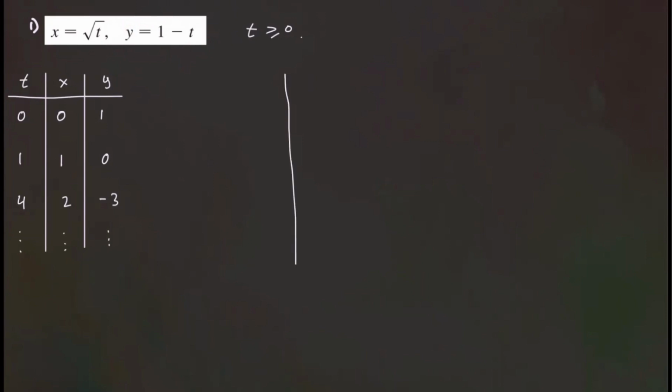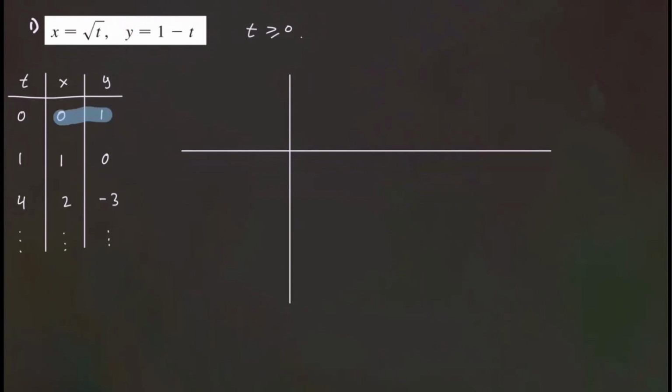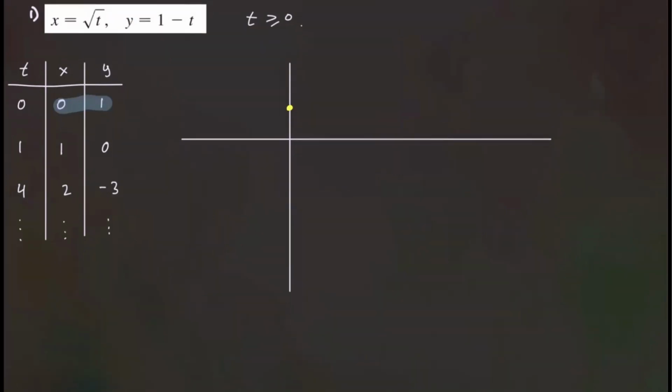So here's our xy plane. I'm going to scale it this way since the y values are more negative. And so the first point we're going to plot is when t is 0, the x and y coordinates are (0, 1). Let's suppose (0, 1) is right here. All right, let's label that 1. So this is the point when t was 0.